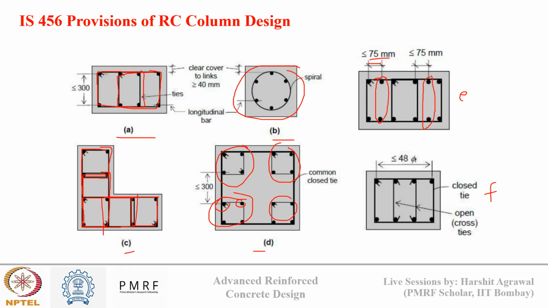We can just tie the corner reinforcement and the middle reinforcements. If the entire distance from end to end is less than 48 times the diameter of the bar, then we can provide single strand ties for the middle bars. So based on the spacing criteria and the number of bars we need to provide, different types of design can be done.